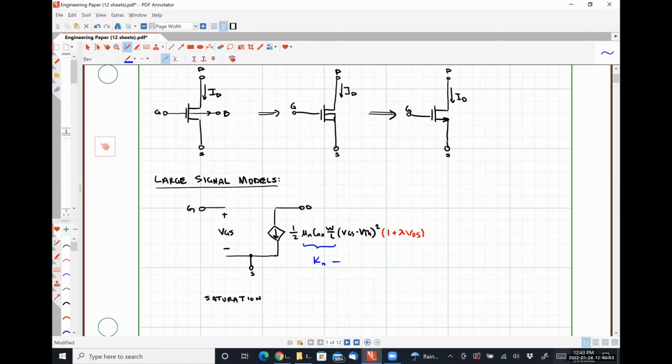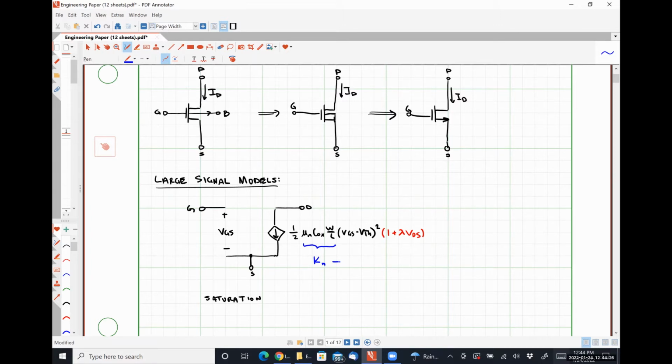So the ratio that it converts is dependent on the electron mobility, the oxide capacitance, and the aspect ratio. Typically speaking, we're talking about values somewhere between 100 microamps per volt squared to a couple of milliamps per volt squared.